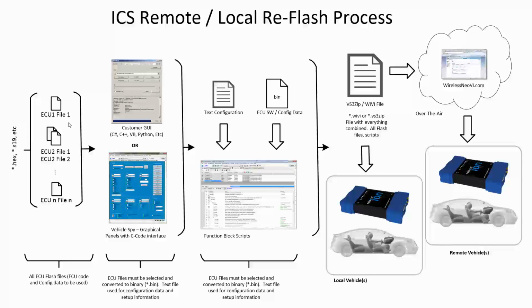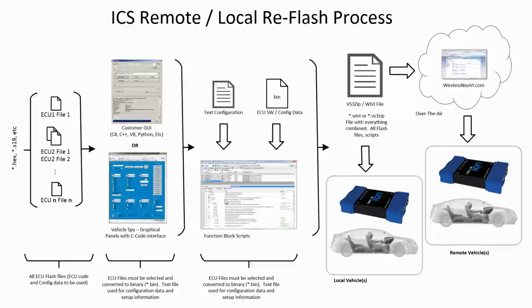So just to review, ECU flash files get converted into a binary file, and a text configuration file that's created describes the ECU's addresses, flash sequence information, as well as the location of where each ECU's data exists inside of the binary file. And then these two files can be read with the scripting environment that we have called function blocks.